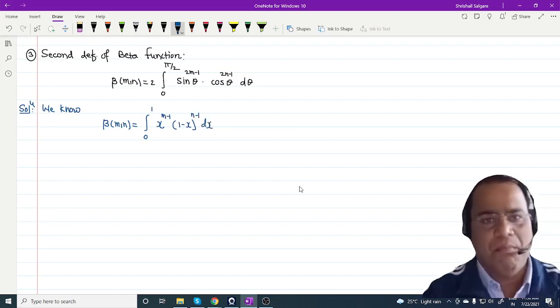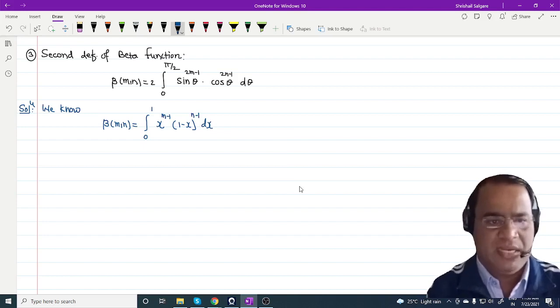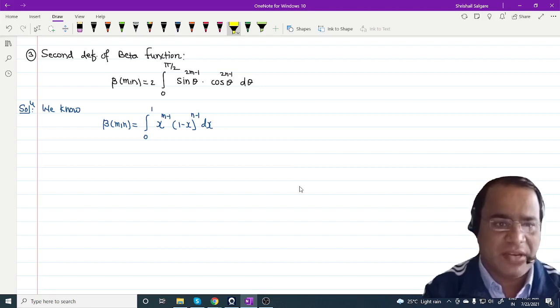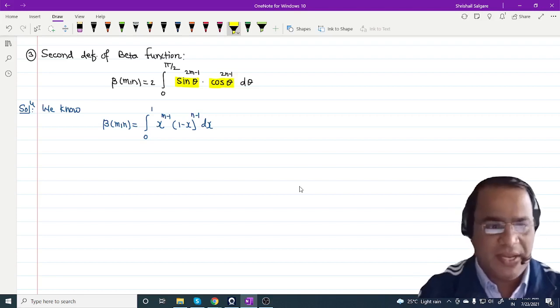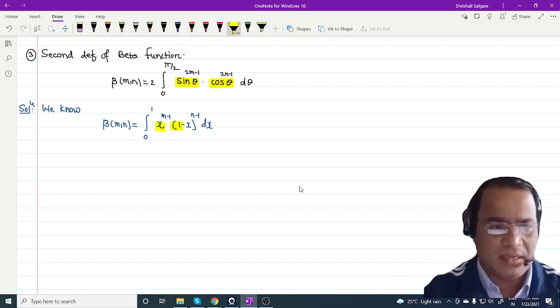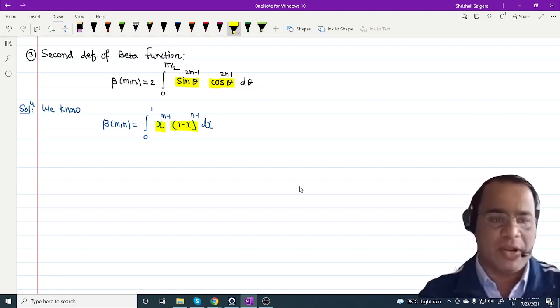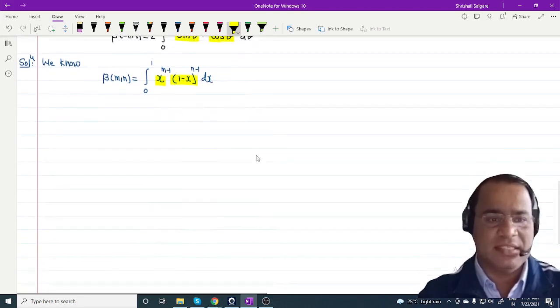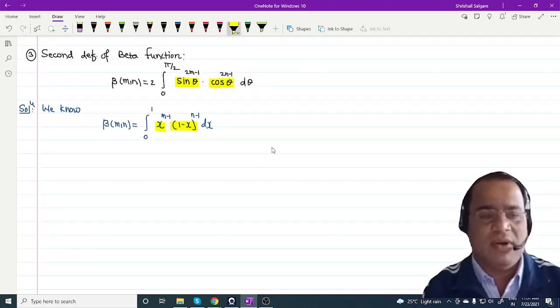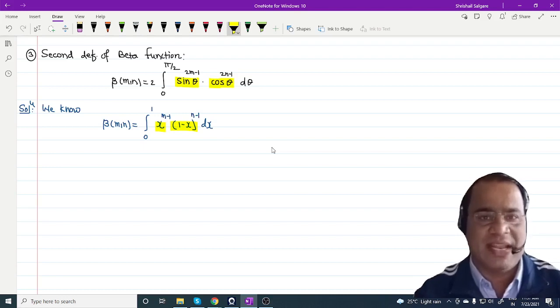Now if you compare the given integral, the limits we have are 0 to pi by 2, and the integrand is a combination of sine and cos. In the required integral you have two terms, one is sine theta, one is cos theta, raised to some power. And in the given integral you have one term as x and another term as 1 minus x. Can you guess a suitable substitution for x such that the two terms x and 1 minus x can be converted to sine and cos, or vice versa?